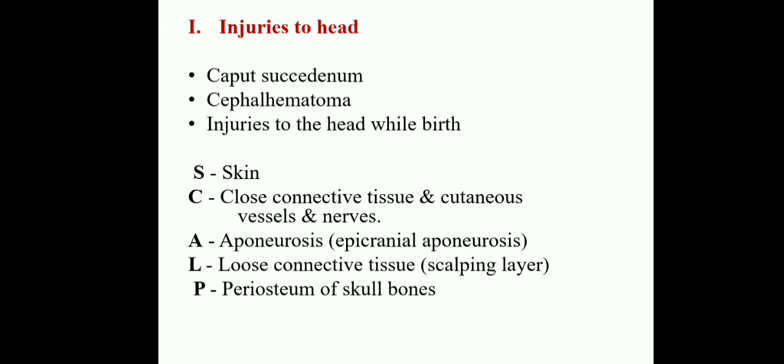You should assess the skin carefully, because the baby's scalp is full of hair, and any incision or abrasion cannot easily be recognized, but you should check the skin. Then next one is C. C is for close connective tissue, and cutaneous vessels and nerves should be assessed. Okay, next one is A.